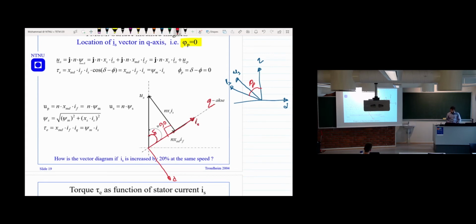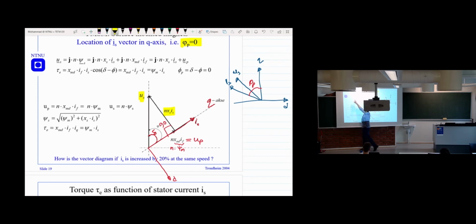And then what do you see? This voltage, we define the same as UP, and this part, n times psi M. And here we have the voltage US, and we have another vector here, n XS IS. So if you look at the Pythagoras for this one, what do you see? First part we define this EP, and then you have US.